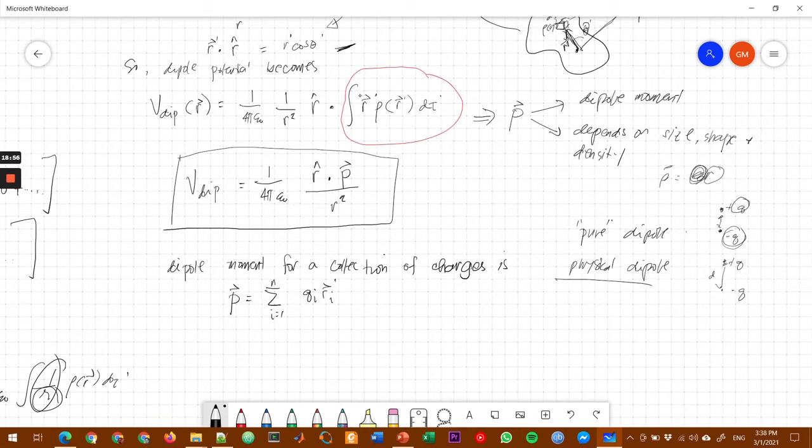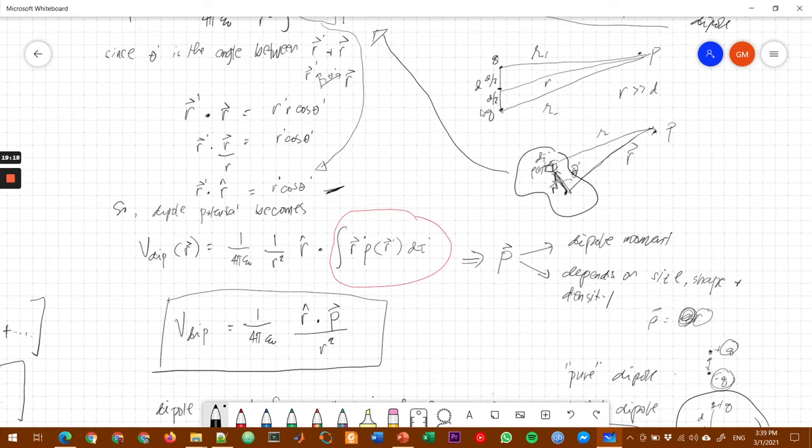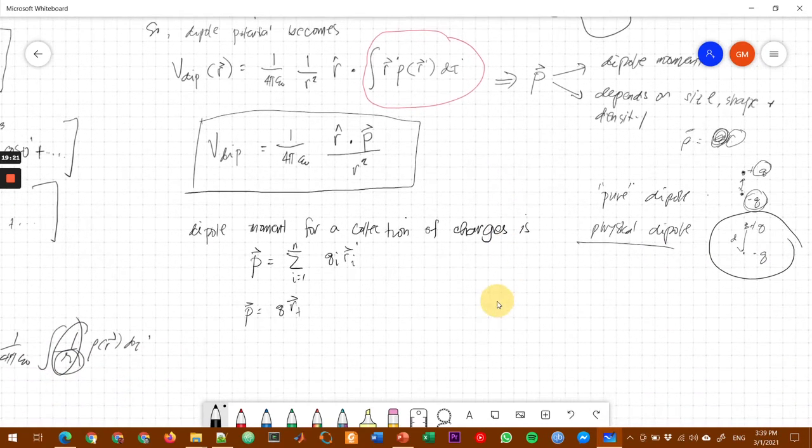So for the physical dipole, we can calculate its dipole moment. We have positive q, r plus, and minus q, r minus.